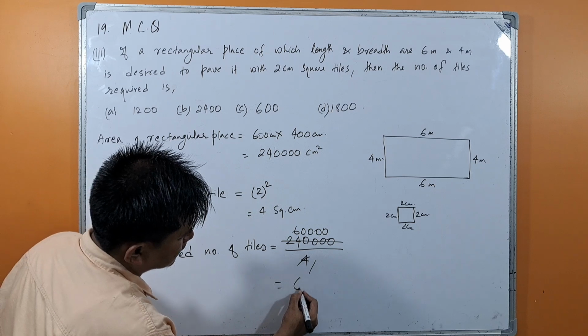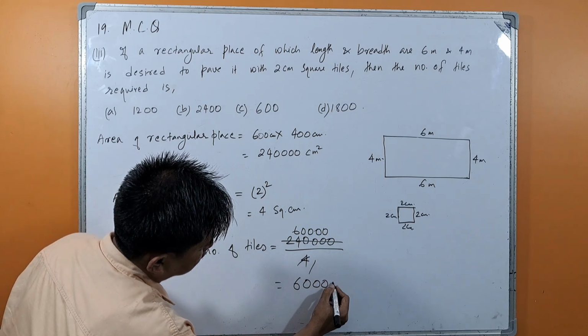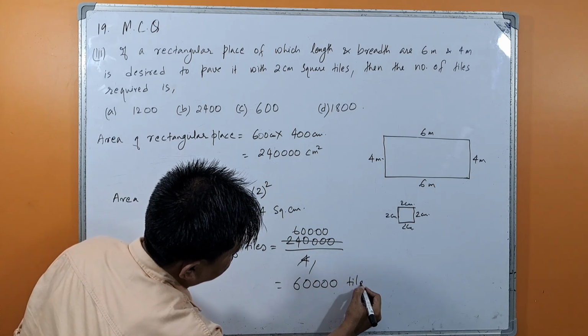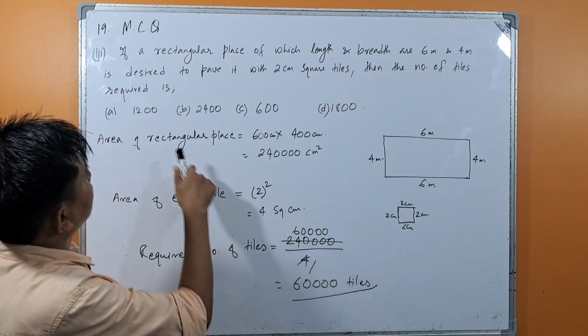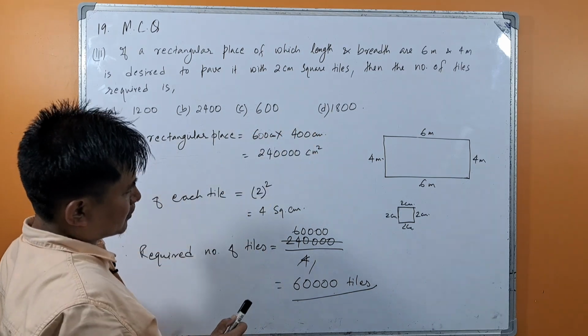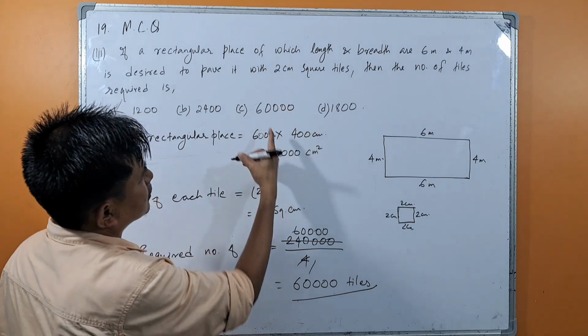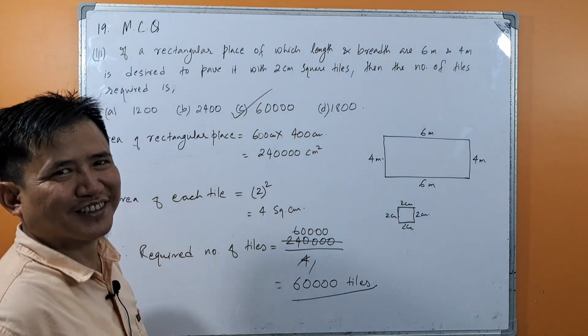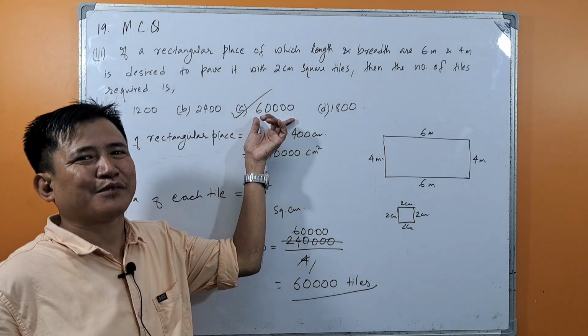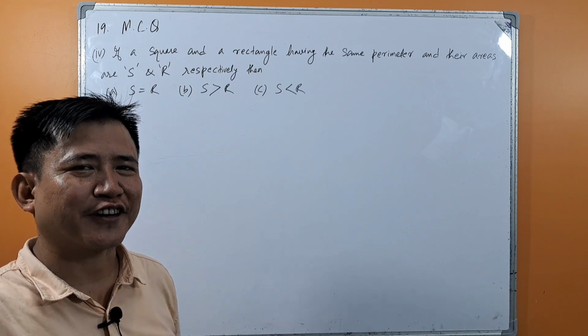So 60,000 tiles. Okay, so which one is the correct option? Oh, we do not have the correct option here, isn't it? So this is wrong option, so we put 2 zeros here. 60,000. Option C is the correct option. Okay, printing mistake.